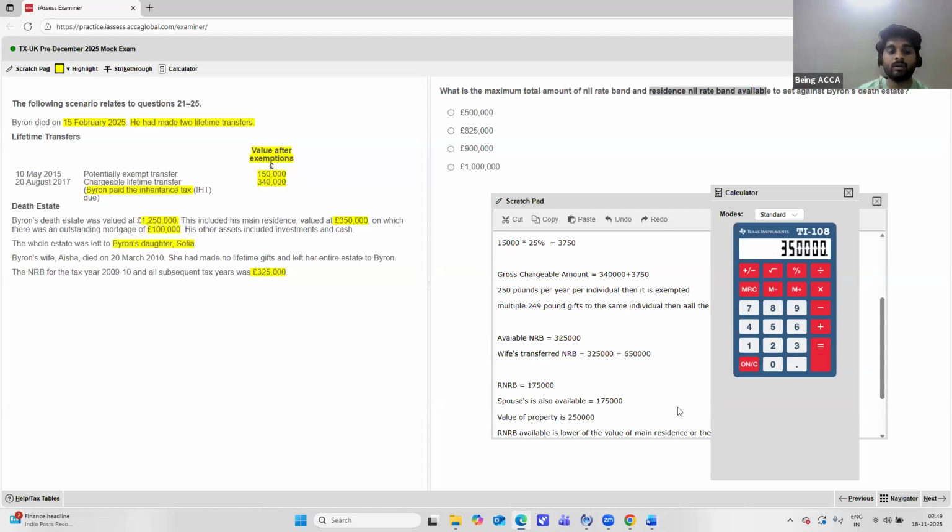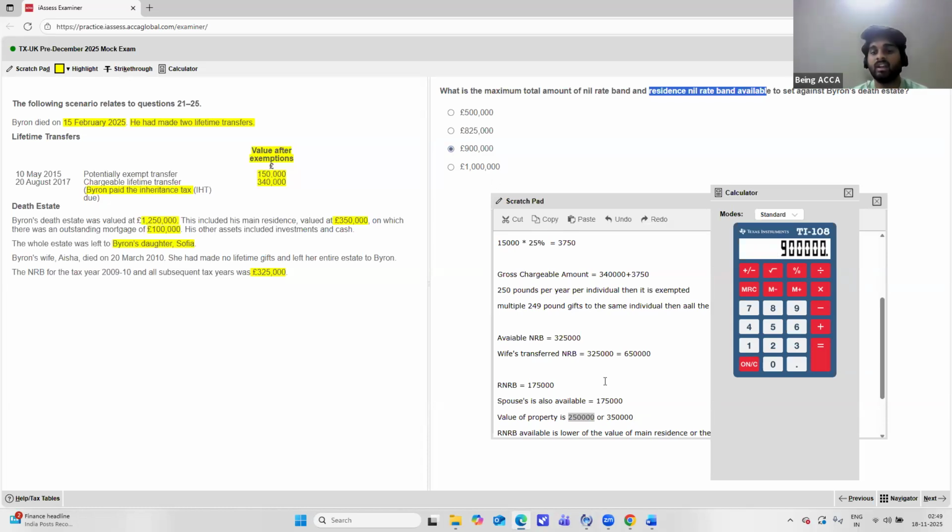So the amount that we take should always be the lower of these two. So we'll be taking 250,000. All right. So the total maximum amount of nil rate band and residence nil rate band available would be 650,000 plus 250,000, making up a total of 900,000. So that would be our right answer.